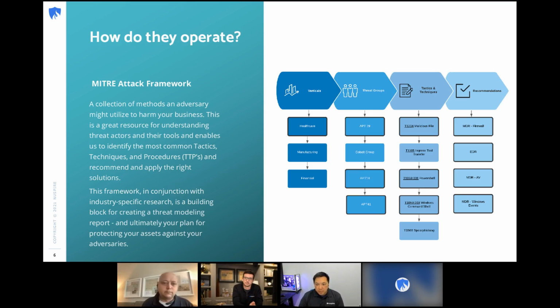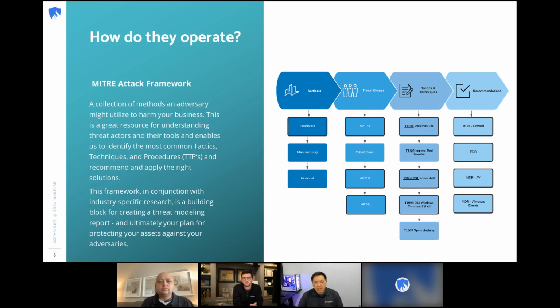Like JR had mentioned, in the early 2010s, when cyber attacks really started gaining traction and became more publicly known, a lot of practitioners in the field started cataloging the techniques that the bad guys were using. MITRE, as a research facility, started gathering all this information and building out a framework: what steps would an attacker go through to compromise your environment?